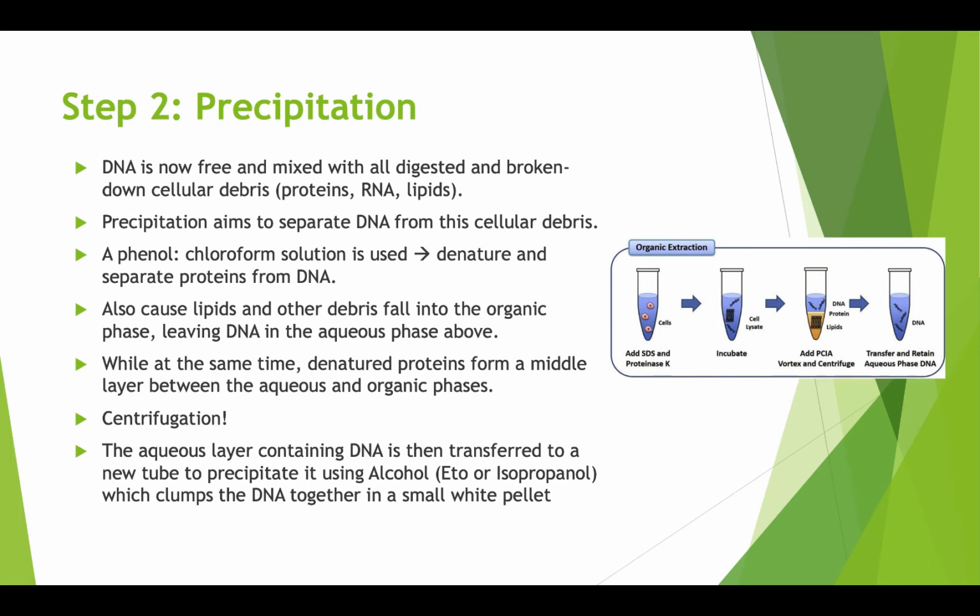The second goal is to precipitate the DNA. Now the DNA is there, it's unbroken, it's free, and it is mixed with all the debris from these digested proteins, RNA, and lipids. So my aim now is to precipitate the DNA and remove all this debris.